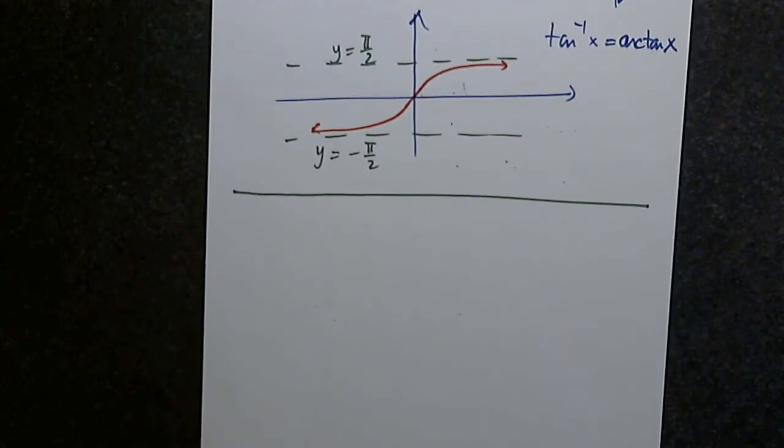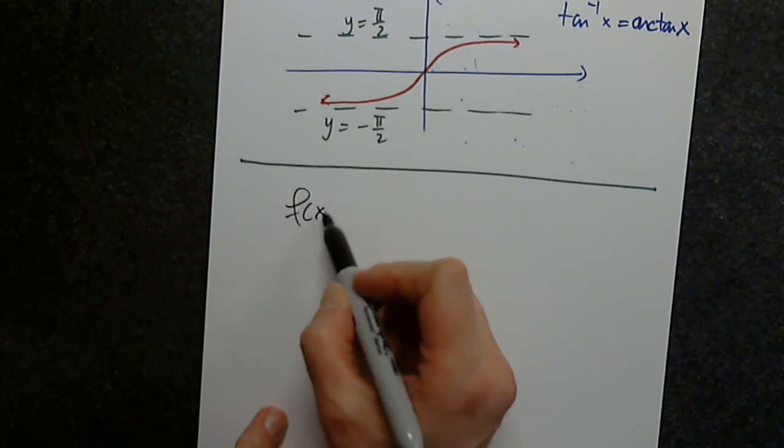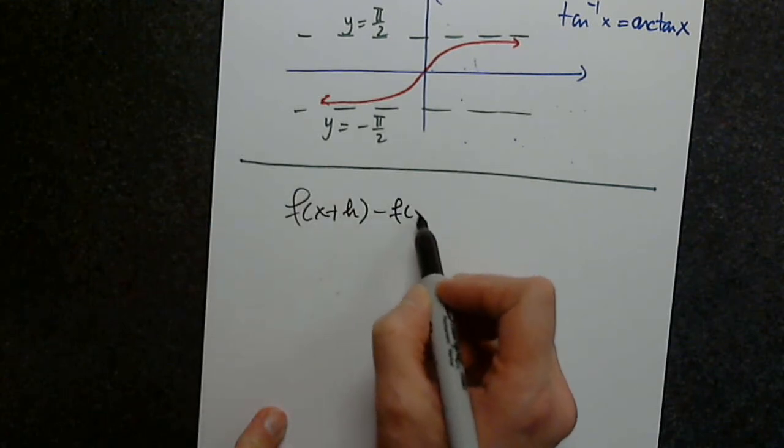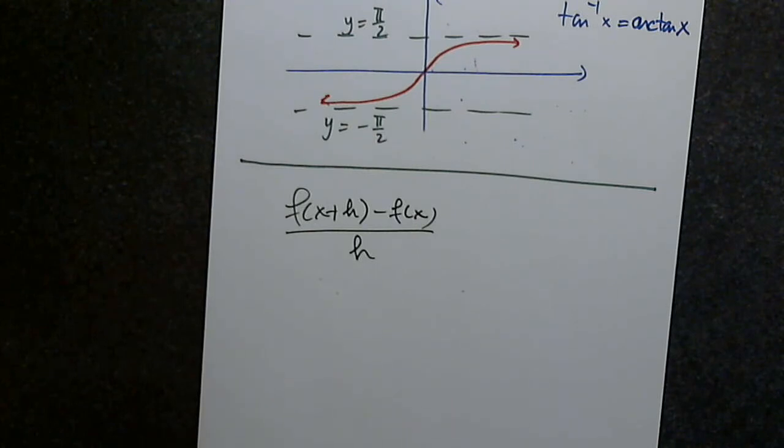Is there anything you would like to select? Till you find something to select, I just want to refresh your memory on something. What was this? Which gives the rate of change of a function between 2 points that are very close to each other. Not the same, but very close to each other.